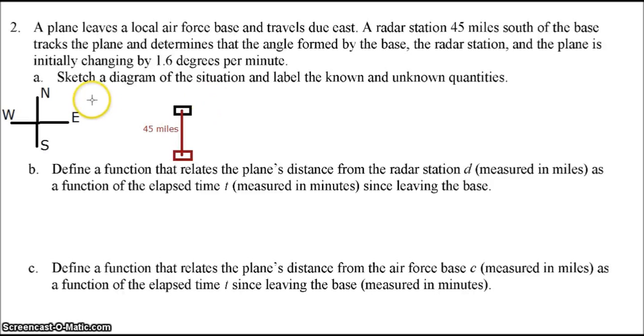So here's my picture, northeast, southwest. Here's the Air Force base. Here's the radar station, and then the plane sort of leaves the Air Force base and travels due east. Now, it says that the angle formed by the base, the radar station, and the plane is initially changing by 1.6 degrees per minute.